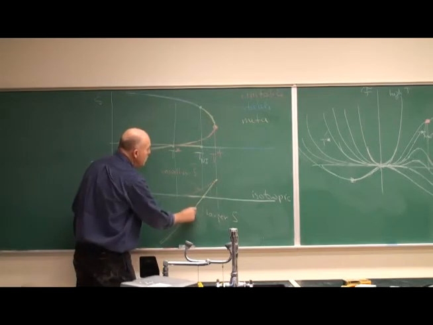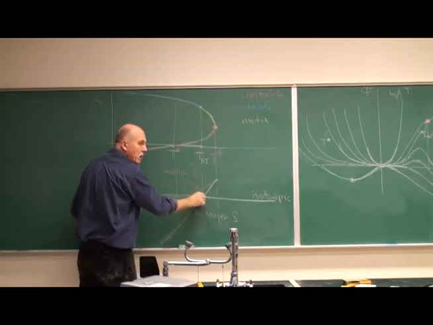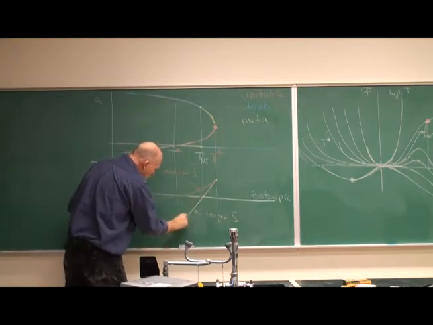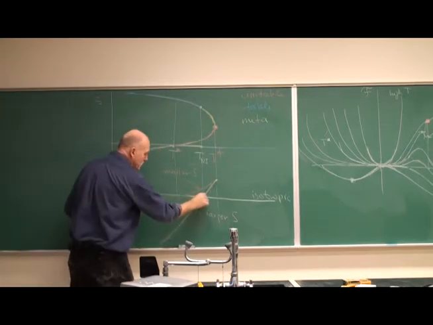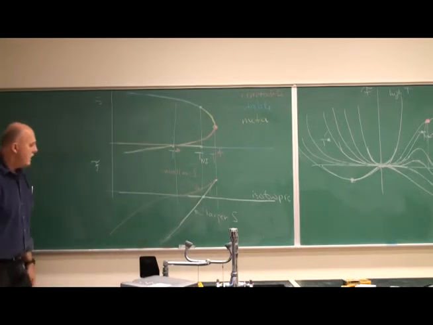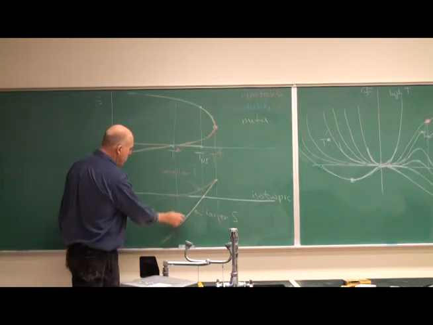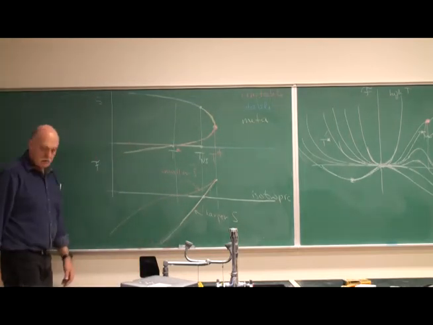There, the solution of this guy has the same free energy as the isotropic one. And after that, you're just going to go down here, because this is the lowest free energy. This guy and this guy both have higher energy. This is metastable, this is metastable.